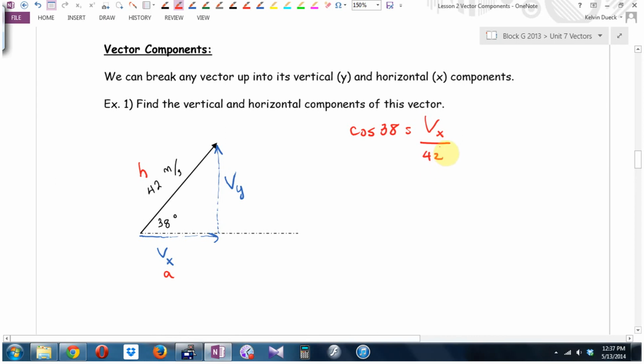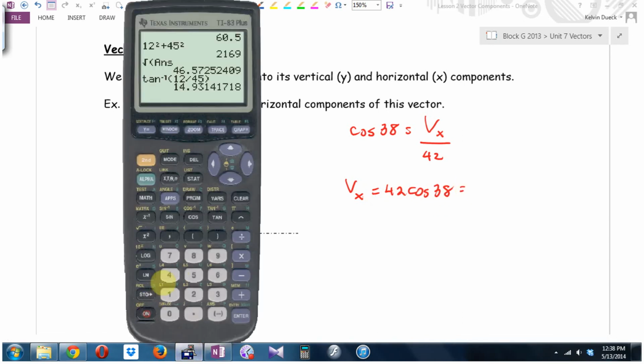How would I get Vx by itself? Okay. Vx is going to be 42 cos 38. That's 33.1.